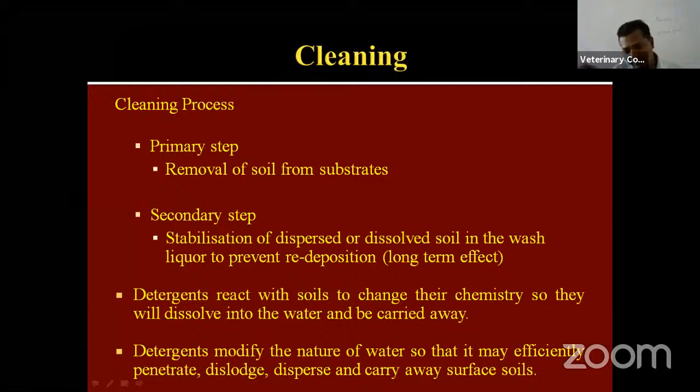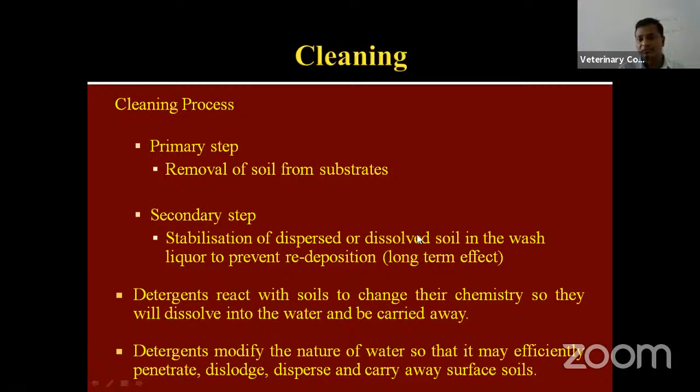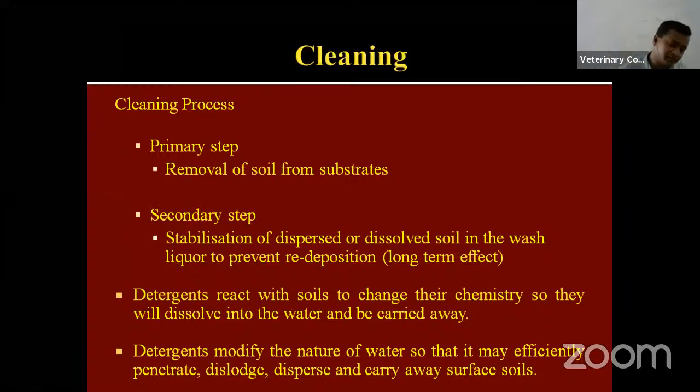Earlier, whatever was visible, the gross soil, was removed. The second one goes deeper: something which is not visible, something that cannot be removed by mechanical processes. We make them dispersed or dissolved in a liquor, and this liquor is flushed out. That is the secondary step.